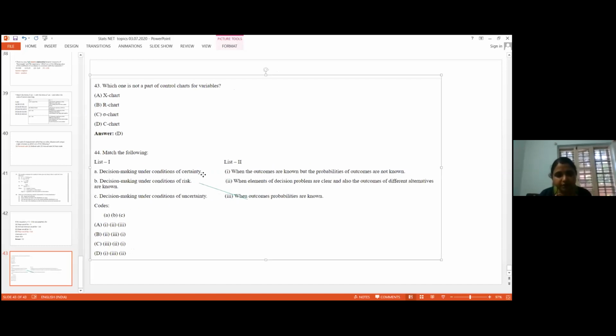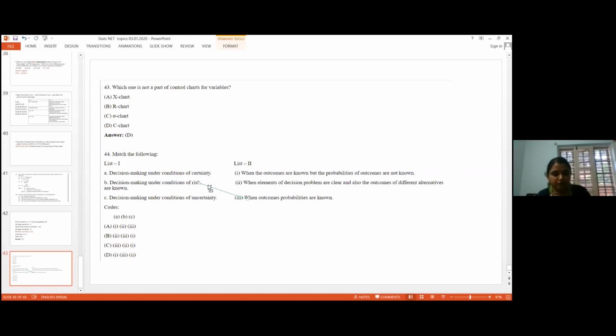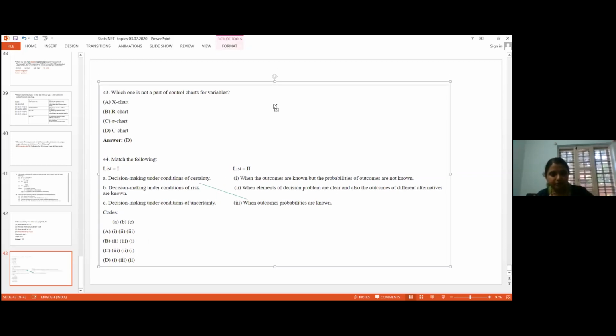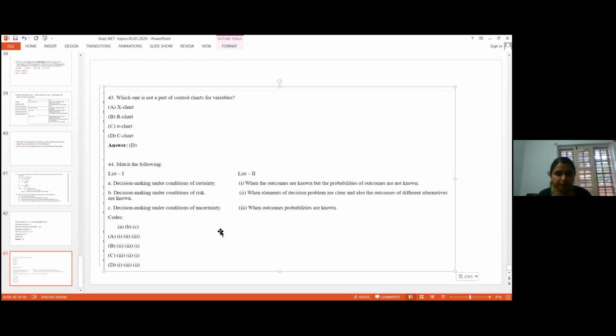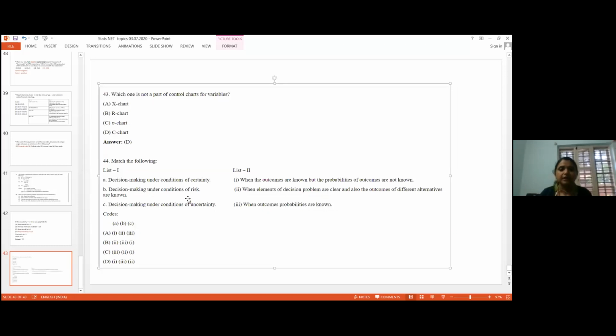Under certainty means we know what the strategies are and we are also sure about the outcomes. Decision making under uncertainty is when the probabilities of outcomes are not known at all.